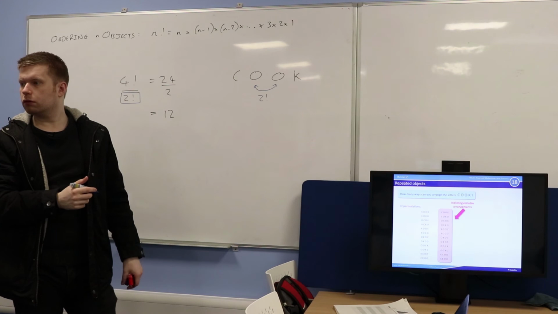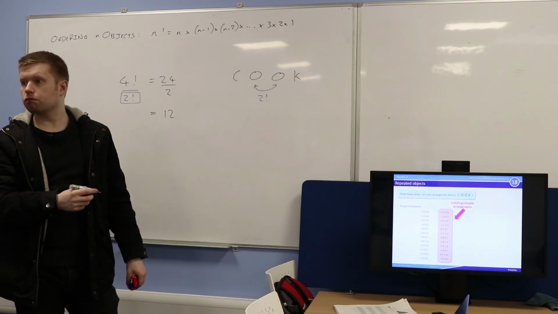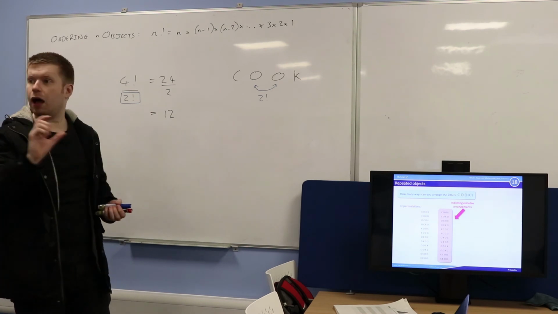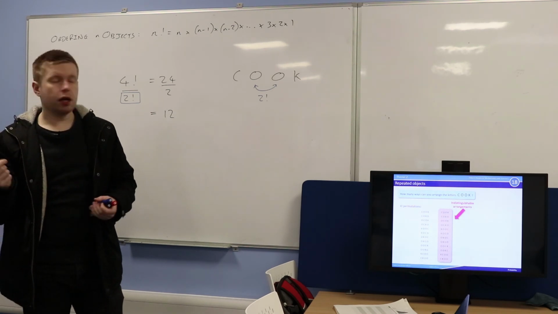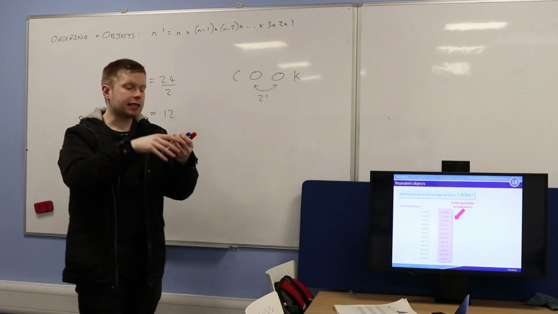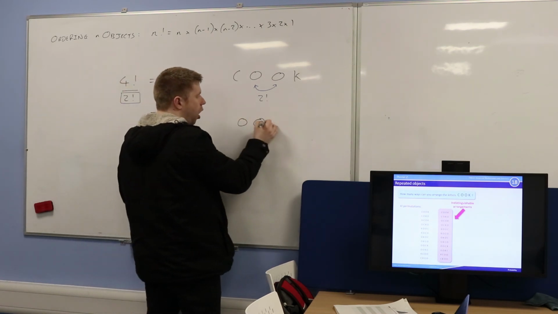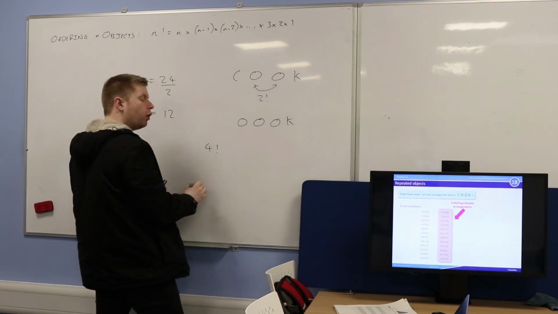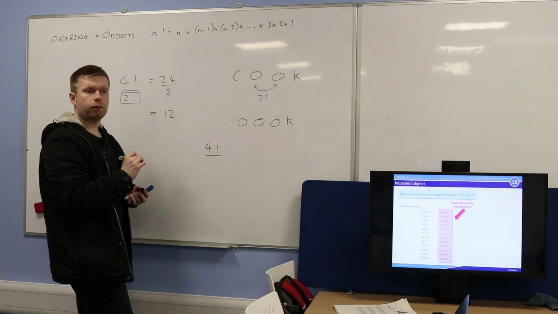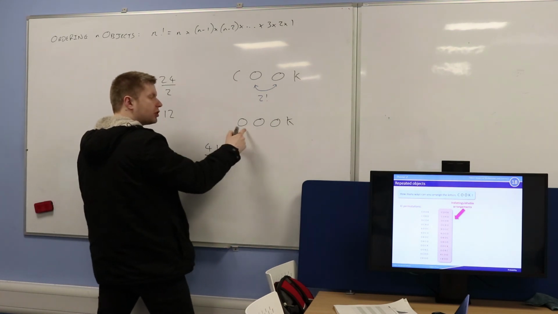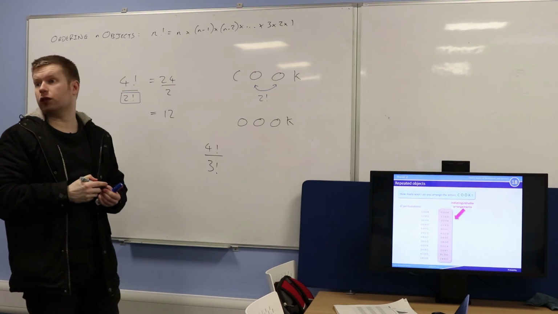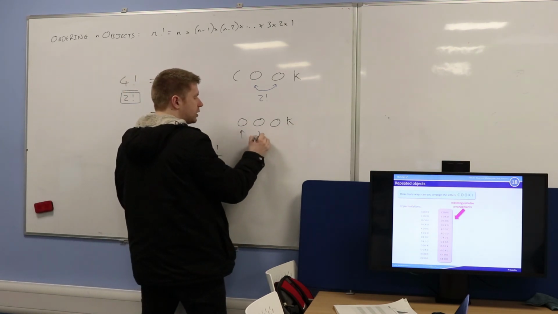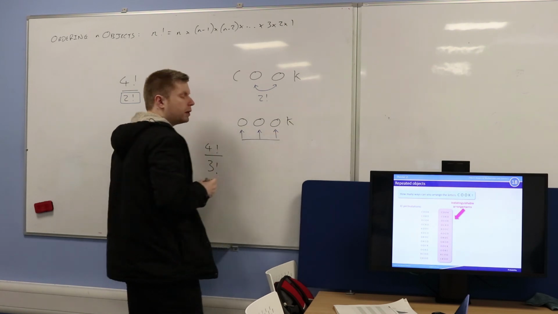Is that okay? Even if there were 5 letters, it would still be 2. It depends how many duplicates there are. So if there were 3 duplicates, so let's say, for example, I had O-O-O-K now. 4 letters means 4 factorial, but what would I have to divide by now? 3 factorial, because there's 3 factorial sub-arrangements which I can't distinguish, because there's 3 factorial ways of arranging the duplicate letters.